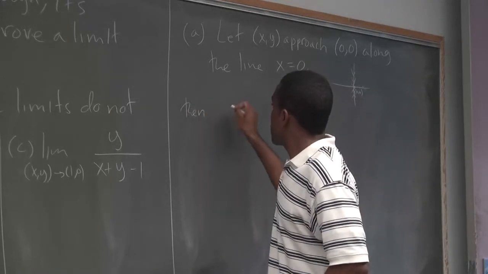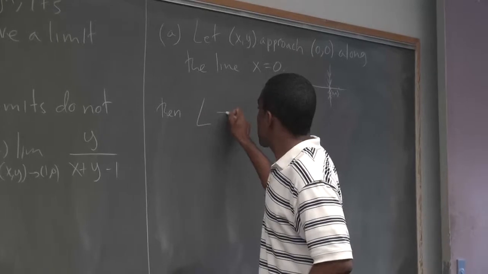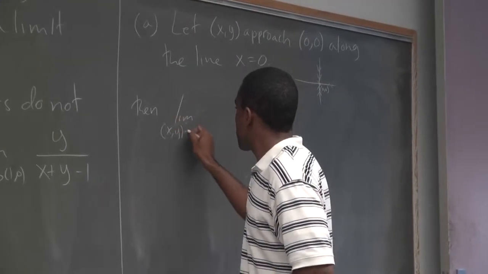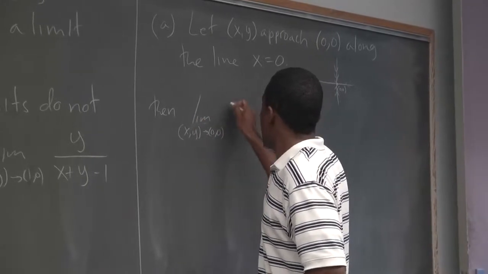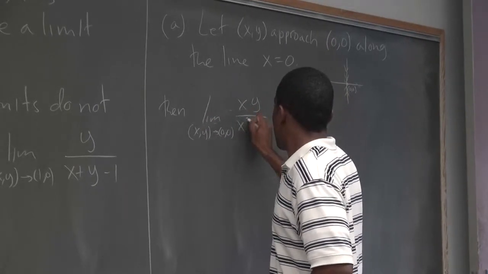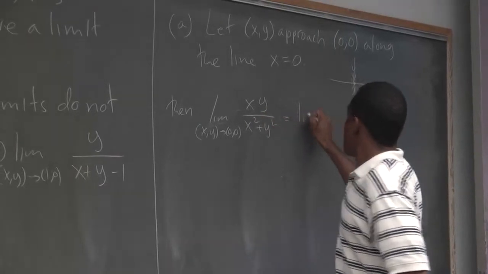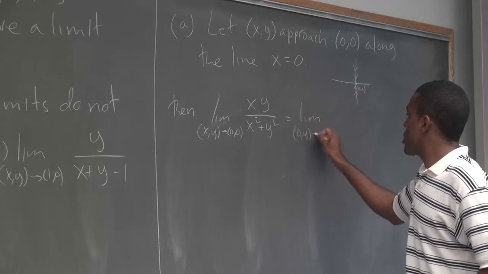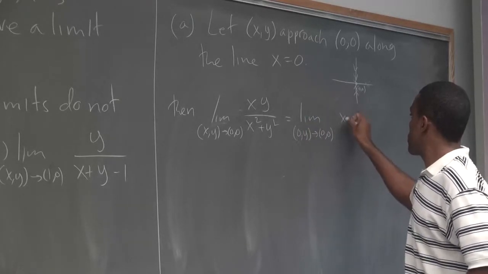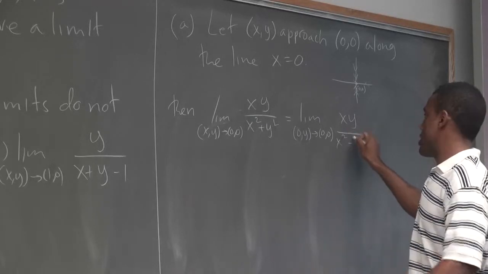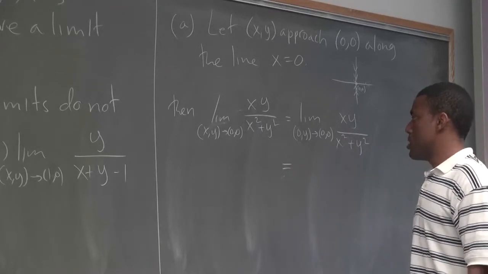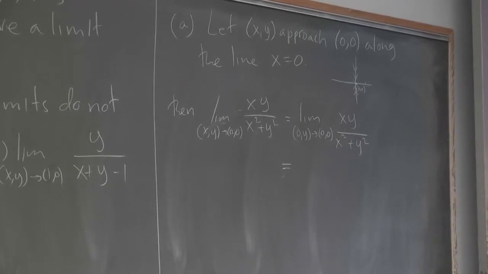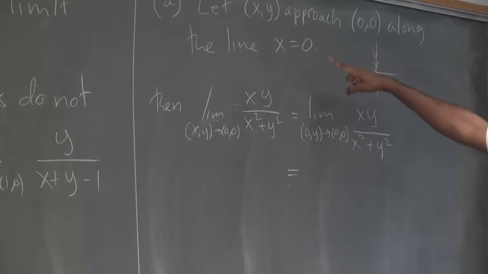Then the limit is the same as the limit as 0, y approaches 0, 0. Eventually we won't have to write this out. I'm being very hand-wavy now, but I at least want to write this down properly. So I'm pretending that I'm approaching from where x is 0.